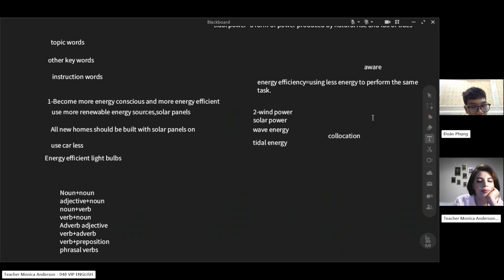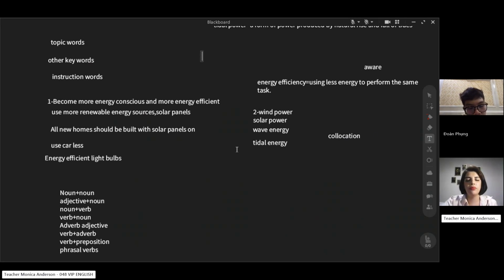Noun and verb. A cat climbed up a tree. Very good.